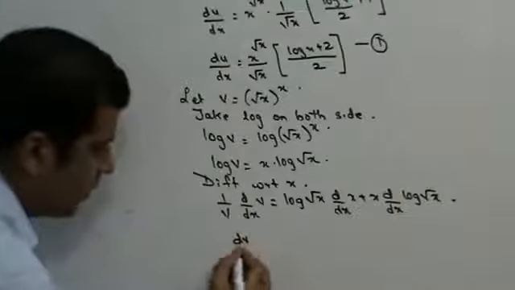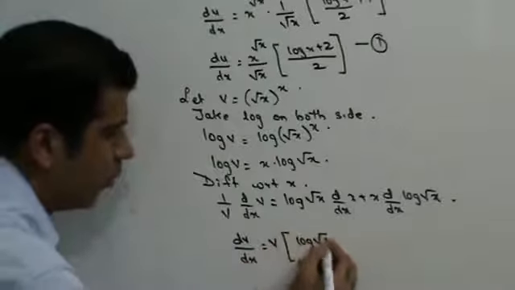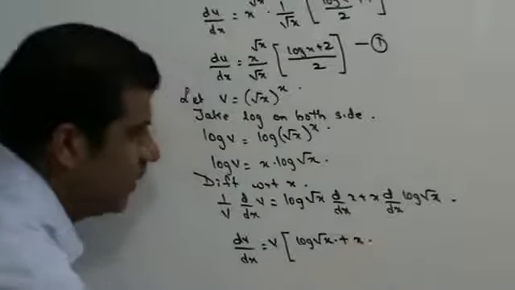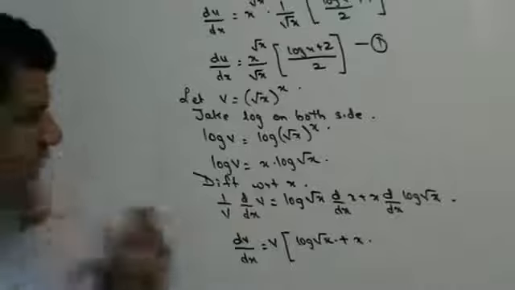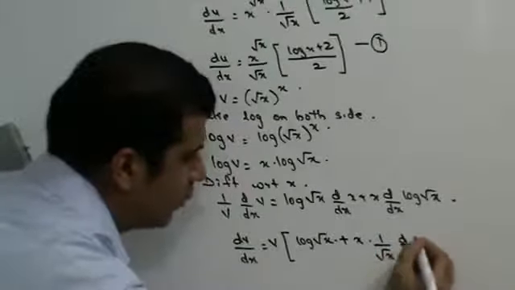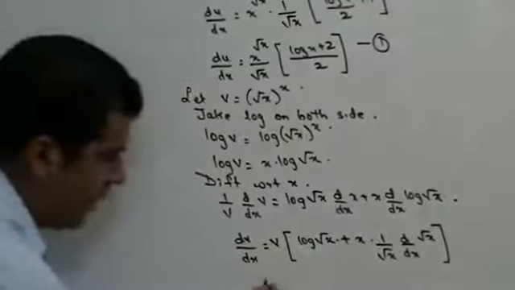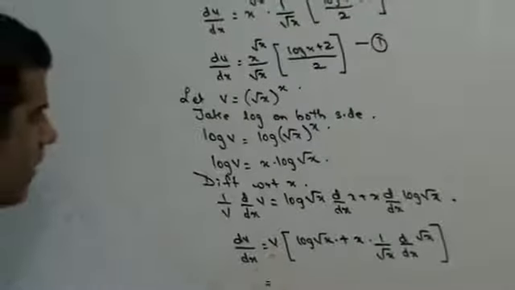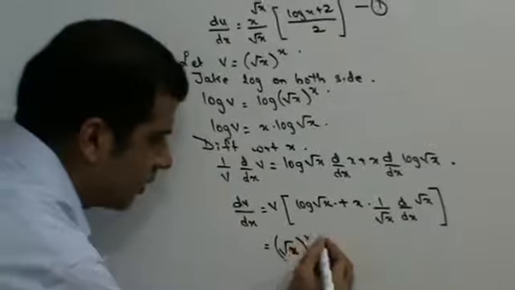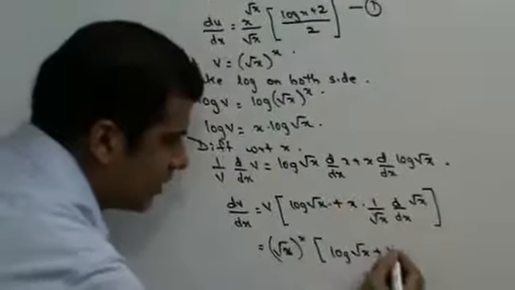Take v on the other side, so you will get dv by dx is equal to v log root x. d by dx of x is 1 plus x. d by dx of log root x is nothing but 1 upon root x d by dx of root x. Resubstitute the value. The value of v is nothing but root x raised to x log root x plus this and this cancels to give you root x.